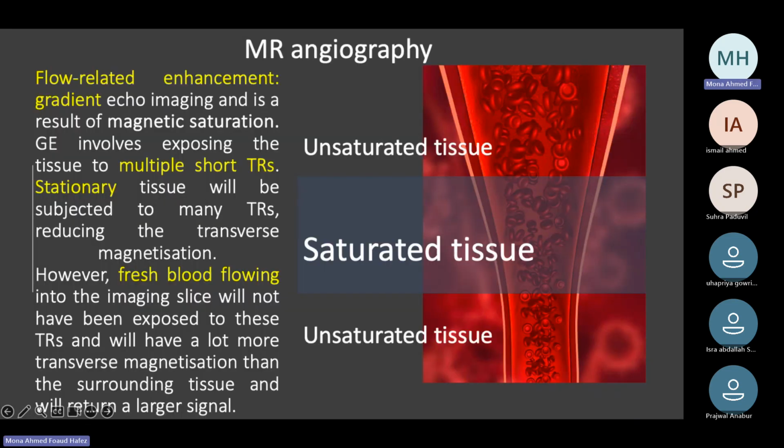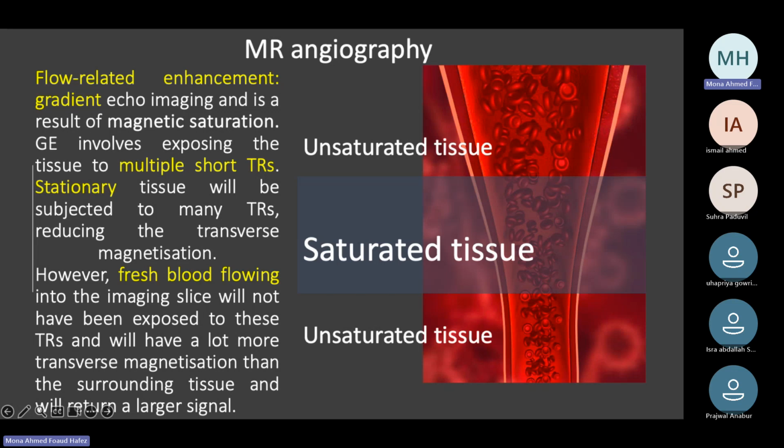The concept of flow-related enhancement in gradient MR angiography is the result of magnetic saturation. This is the imaged area, and these are outside the imaged area.